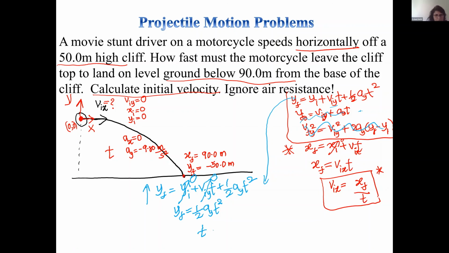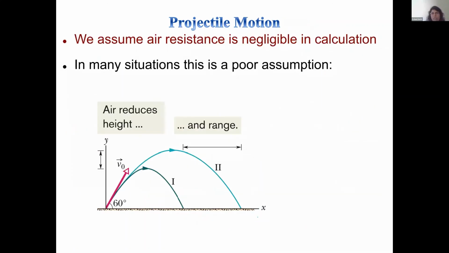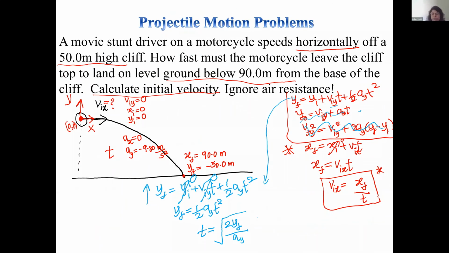My purpose is finding time here, so t squared will be 2 y final divided by acceleration in the y direction. Then take a root. Time is a positive value. You can also see it: y final is negative, a_y is negative, numerator negative, denominator negative, so the ratio is positive. Then you plug in the values and you will be able to find t. I have around 3.20 seconds if I plug in the values. So that is the time.